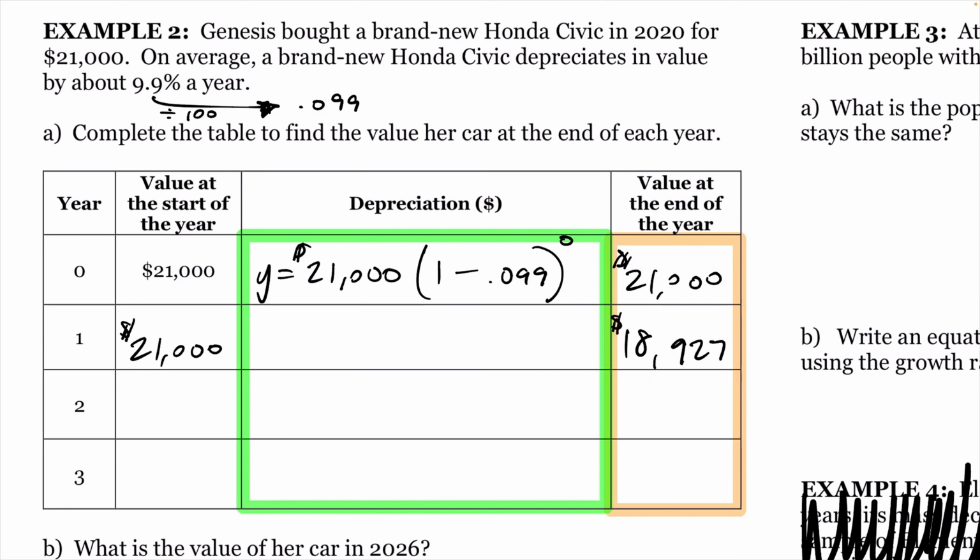After 2 years, it was worth $17,047.82. After 3 years, it was worth $15,360.09 if you round. It's 9 cents.